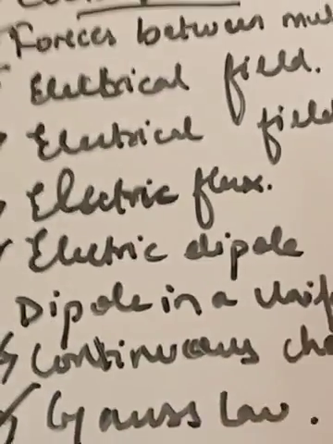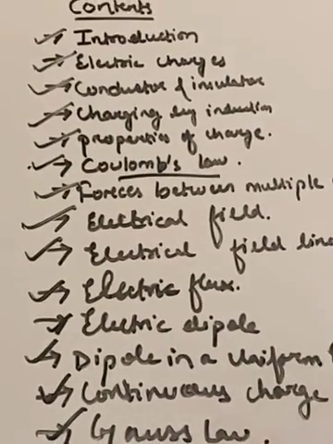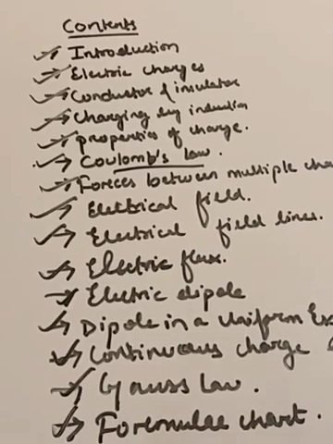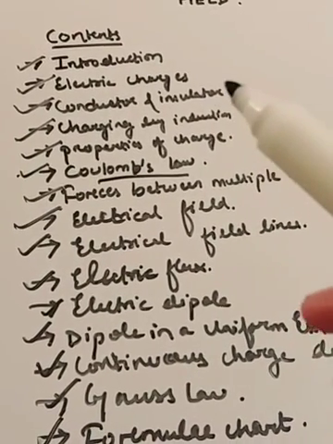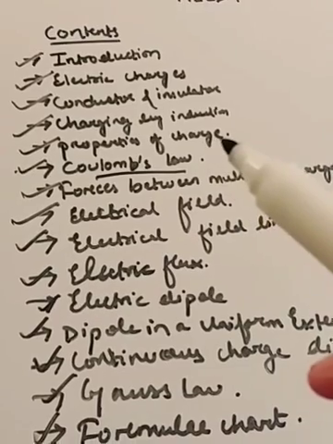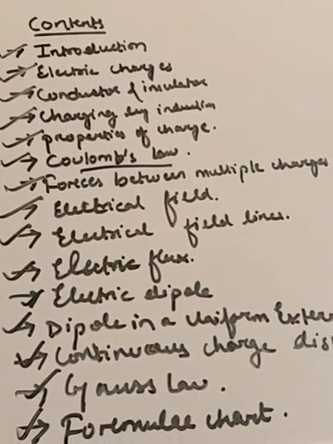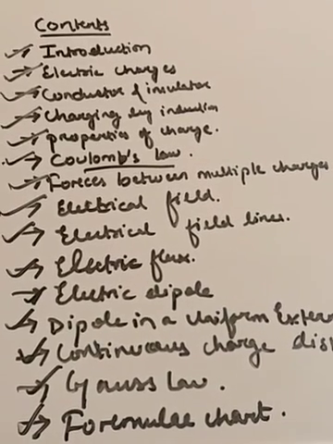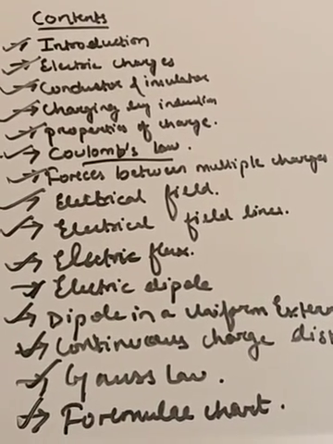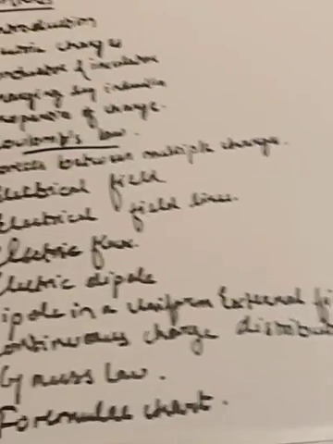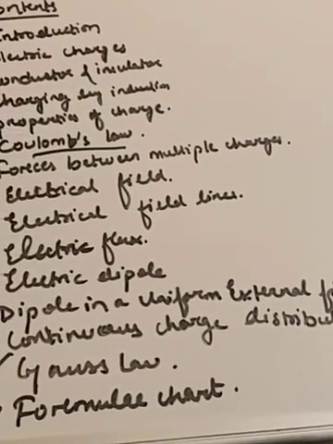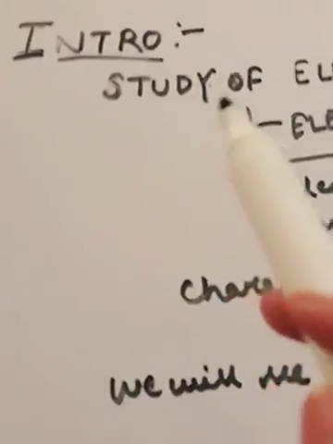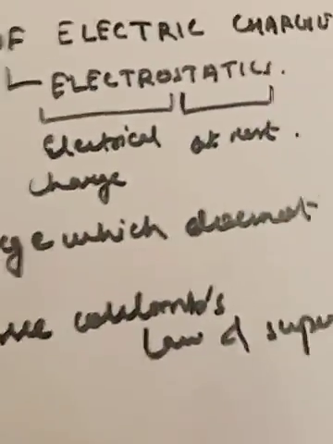So these are all the contents of the chapter we will go through: introduction, electric charges, conductors and insulators, charging by induction, properties of charge, Coulomb's law, forces between multiple charges, electric field, electric field lines, electric flux, electric dipole in uniform external field, continuous charge distribution, Gauss law and formula chart.